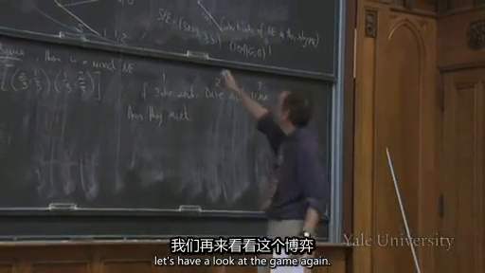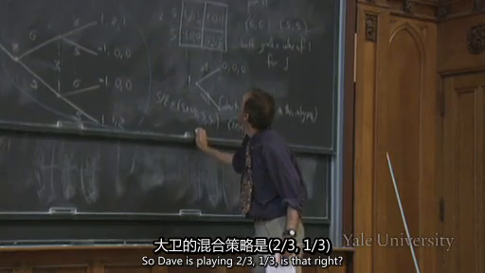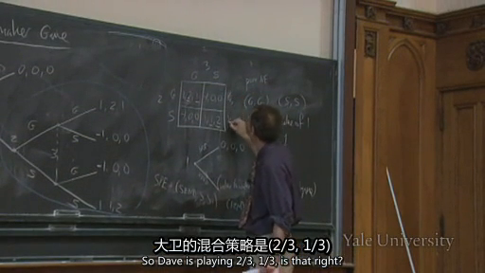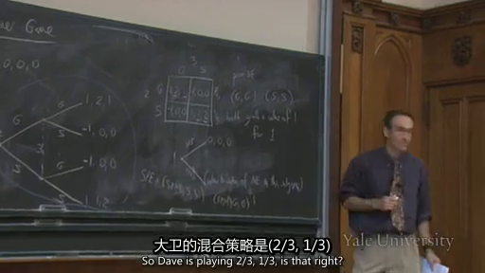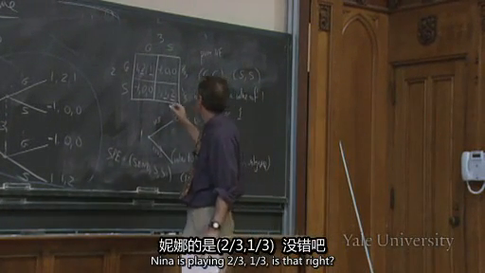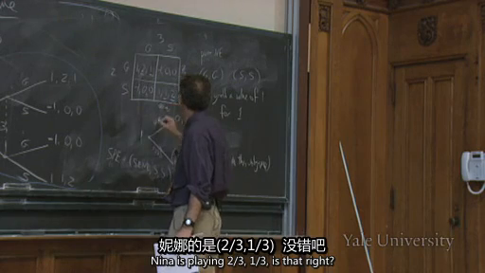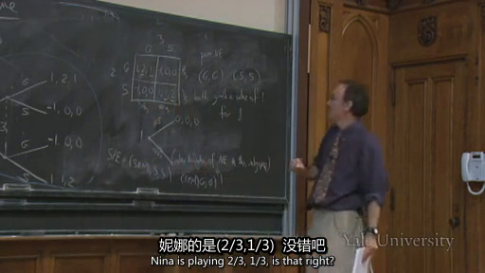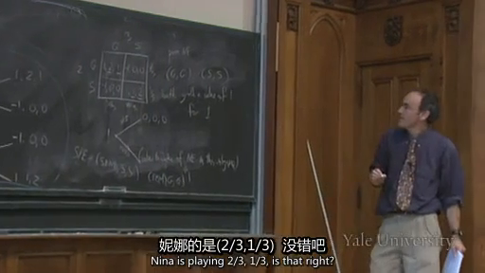Let's have a look at the game again. So Dave is playing 2/3, 1/3, is that right? And Nina is playing 2/3, 1/3. All right, is that right?